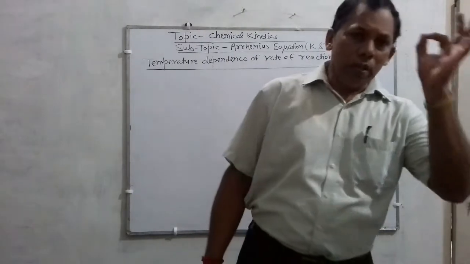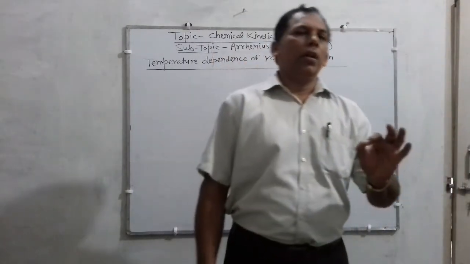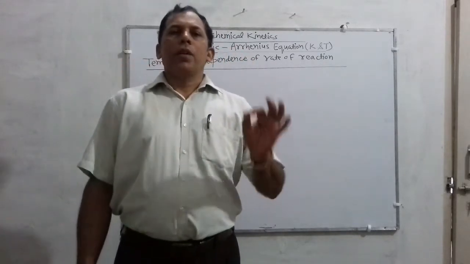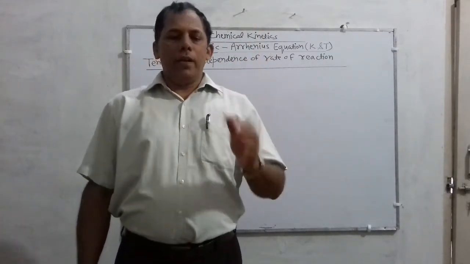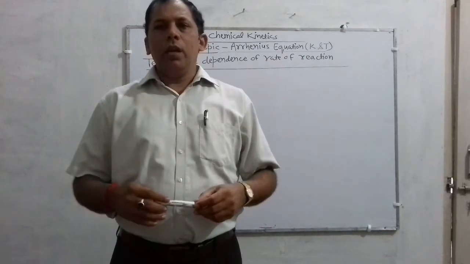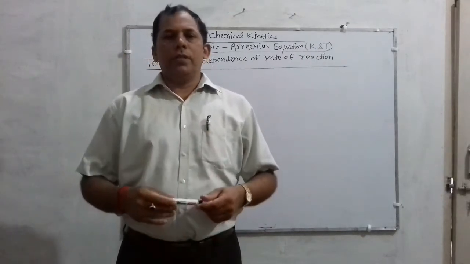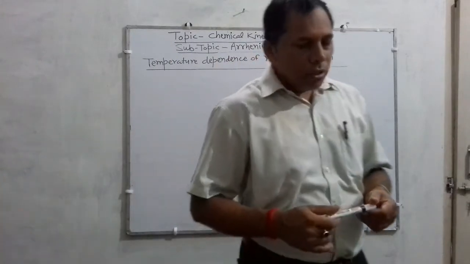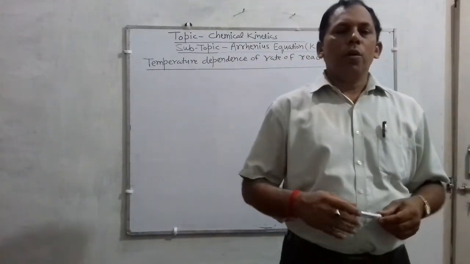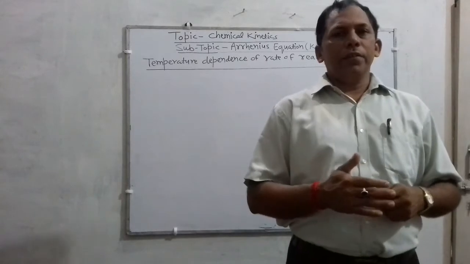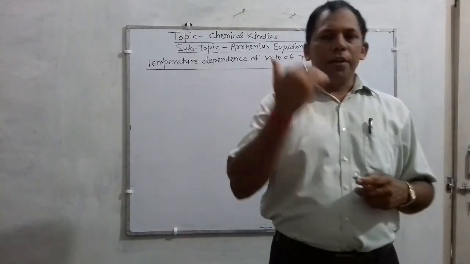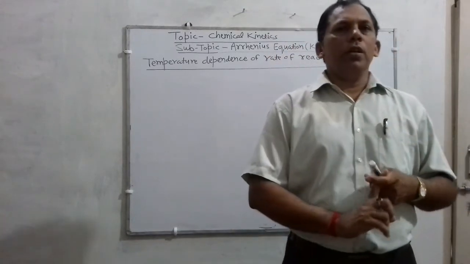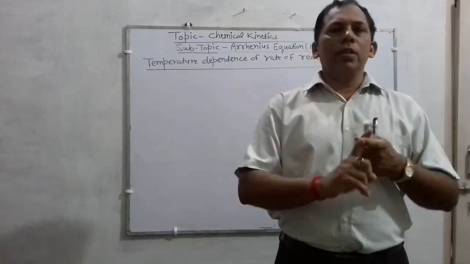The temperature dependence of a rate of reaction can be easily explained by using the Arrhenius equation. As you know, Arrhenius was a Dutch chemist who provided a relationship between rate of reaction and temperature, and the equation was termed the Arrhenius equation.